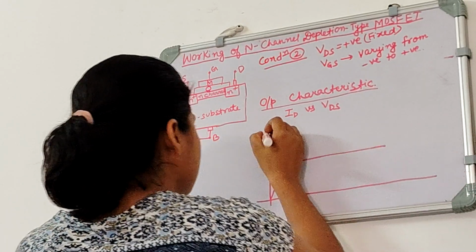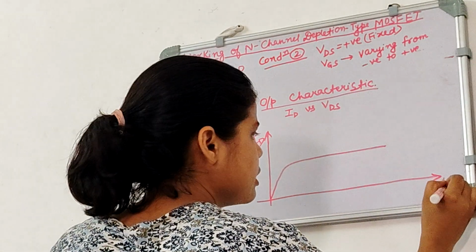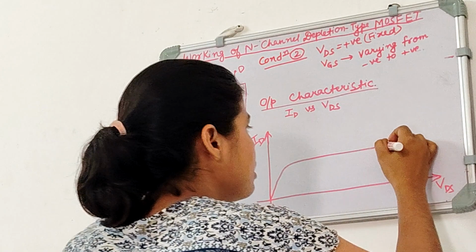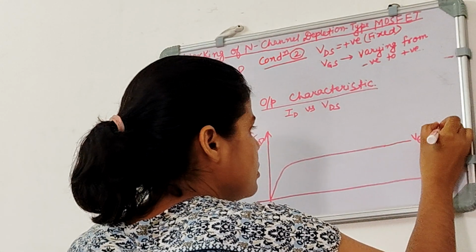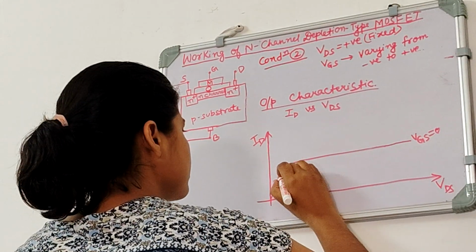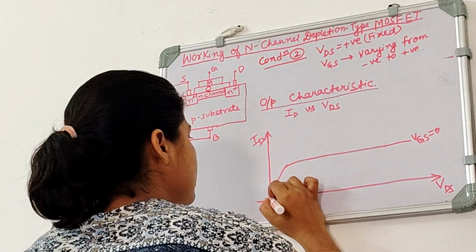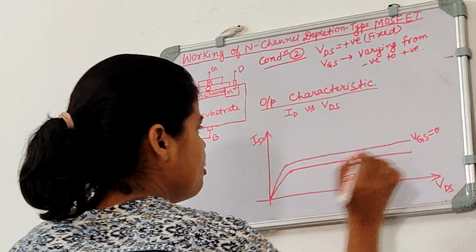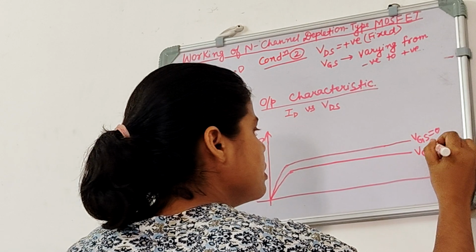In the previous video we saw this curve, but there we saw it only for VGS equals 0. So let us consider this curve to be VGS equals 0. Now if VGS is negative, what happens? Our current decreases. So current decreases means the curve will be somewhat like this. Consider it to be -1 volt.